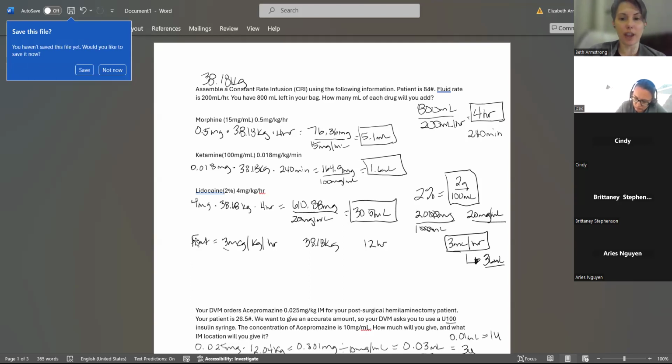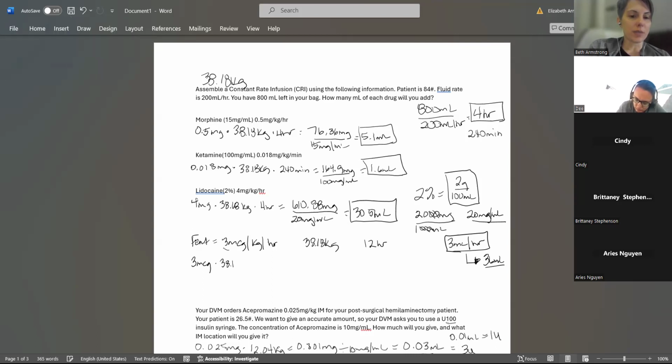That's whether it's saline and fentanyl together, right? That's both. So I'm going to need a syringe that has 36 mLs, or to place it in a bag or whatever, but you're going to need that. Now I'm going to fill out all this information. So 3 micrograms times 38.18 kilograms per hour, and we want 12 hours.